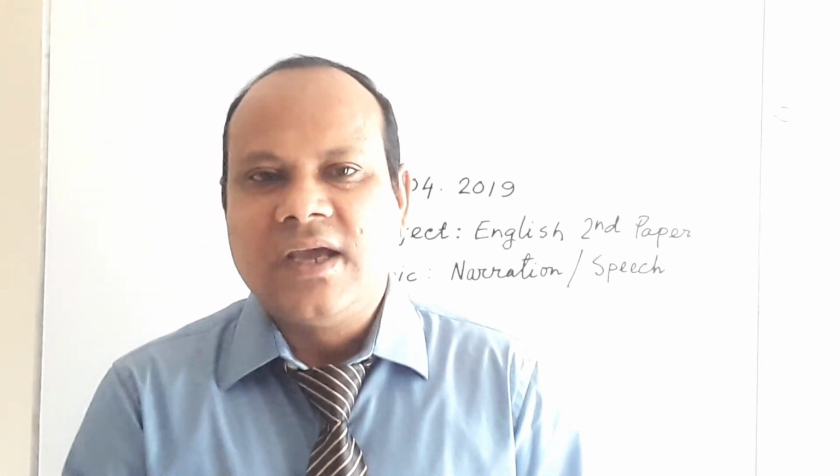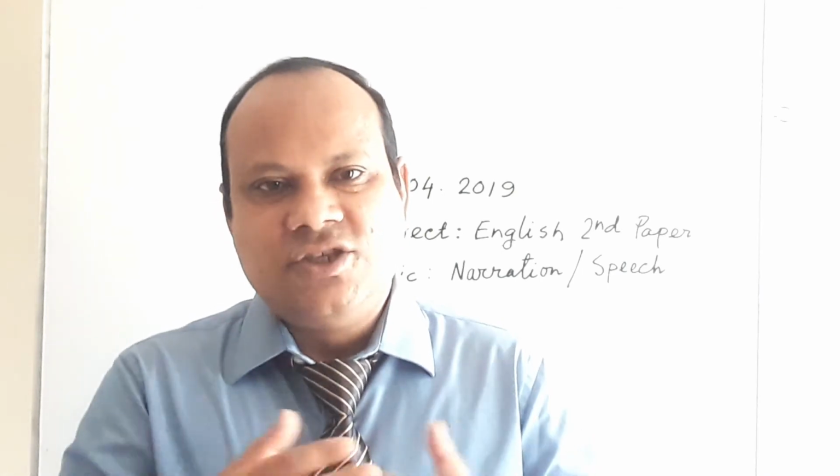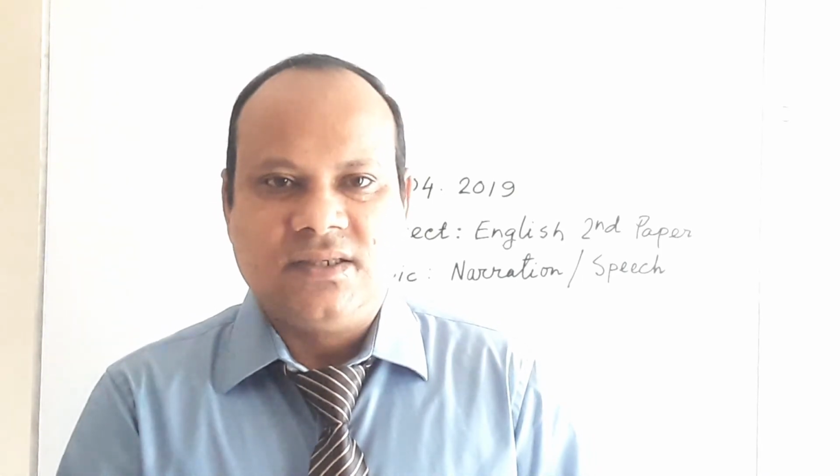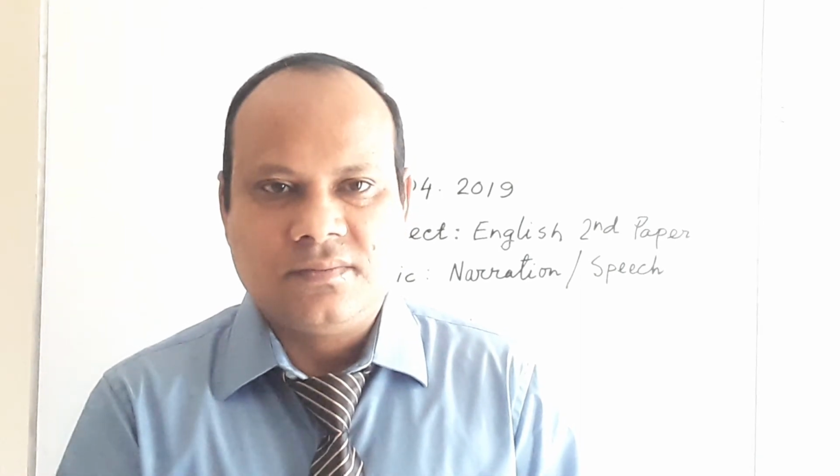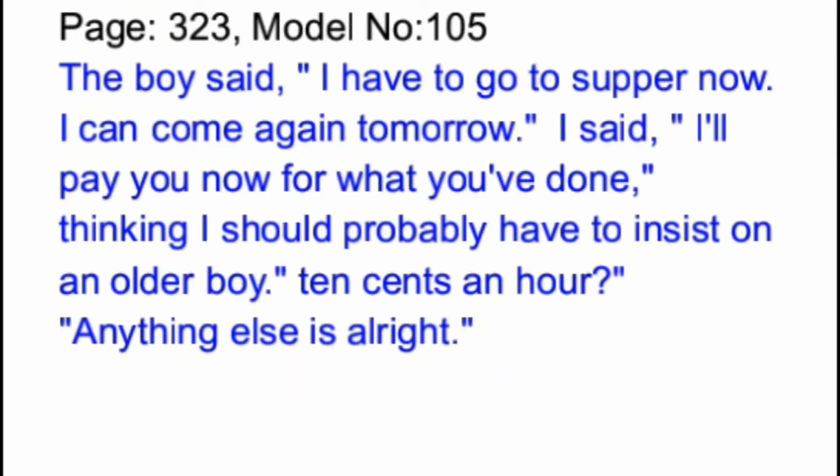So come to the point, and we want to do the second exercise, that is narration 2. So look at the screen. This is the second narration we are practicing, my dear student. Look up your page number 323, model question number 105. The direct speech is, the boy said, "I have to go to supper now.